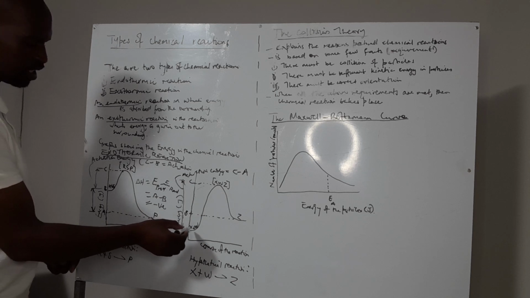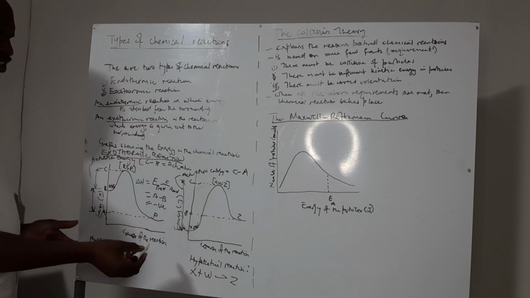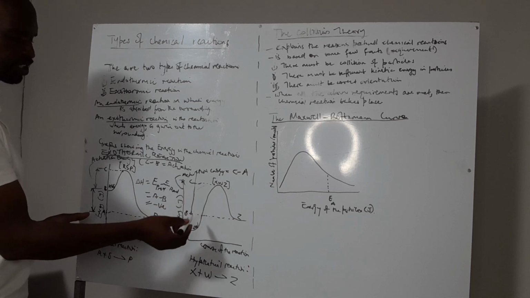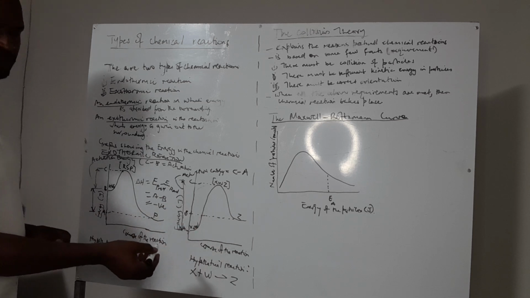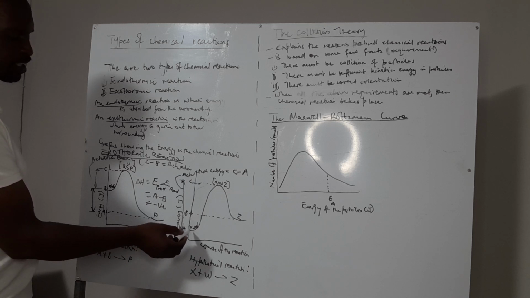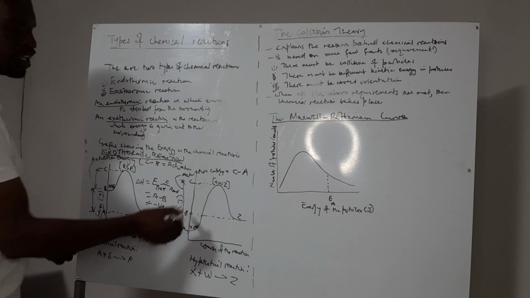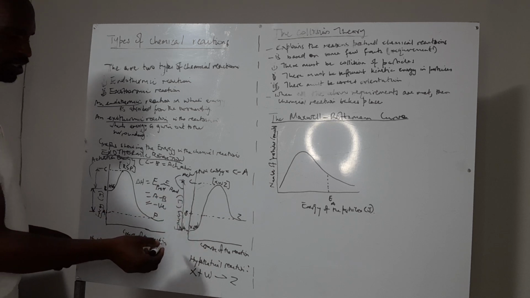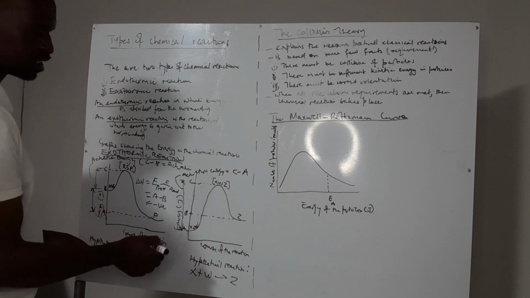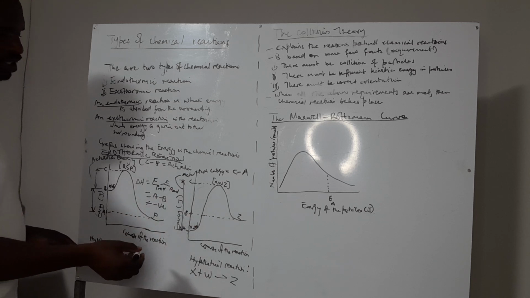Such a reaction should have absorbed energy from somewhere. That energy must have come from the surroundings. Since the energy of the reactants is lower and I've got more energy in the product, there can only be one reason: the reaction must have absorbed energy from the surroundings.